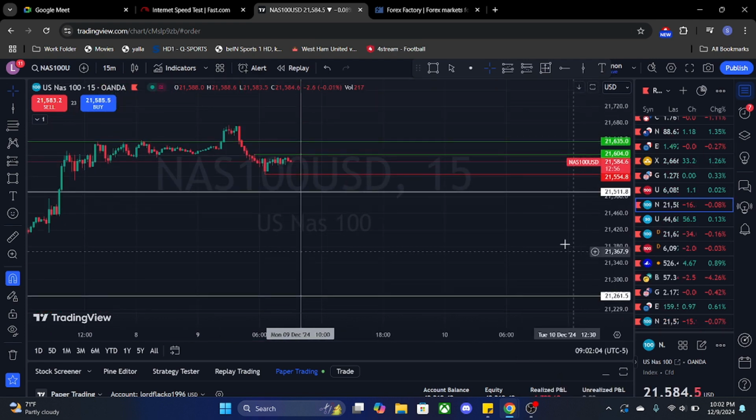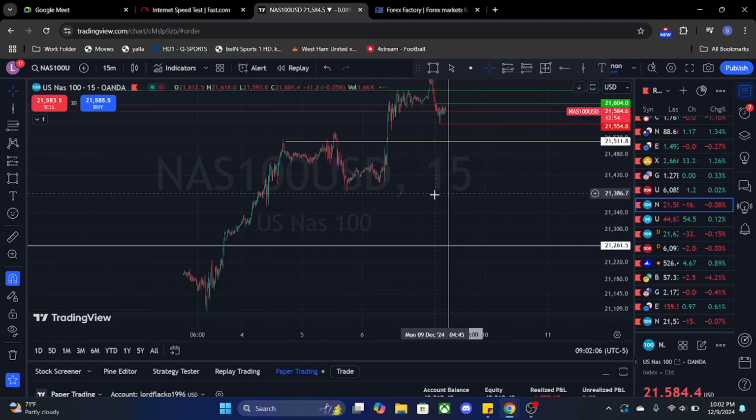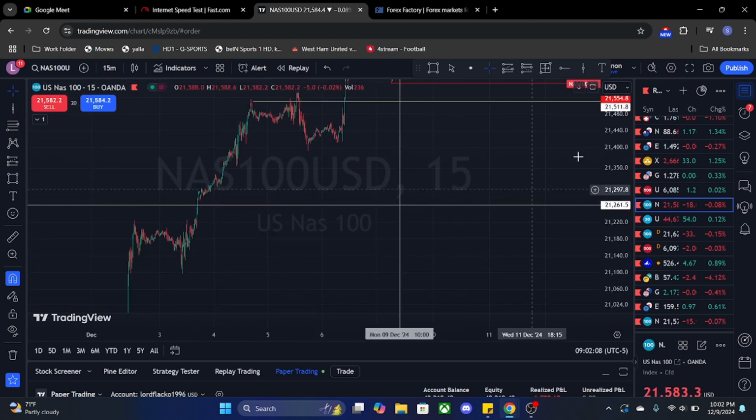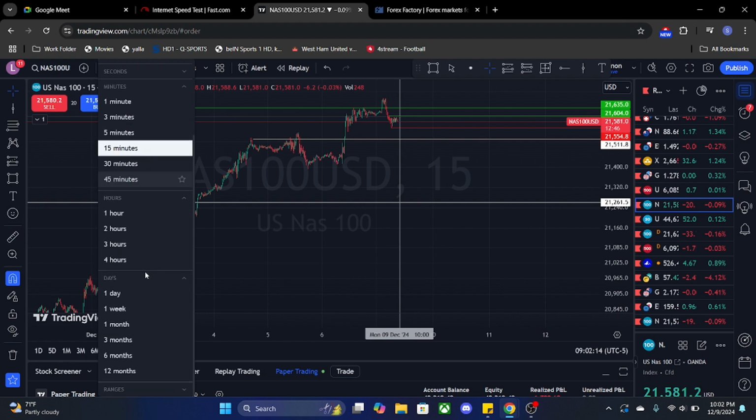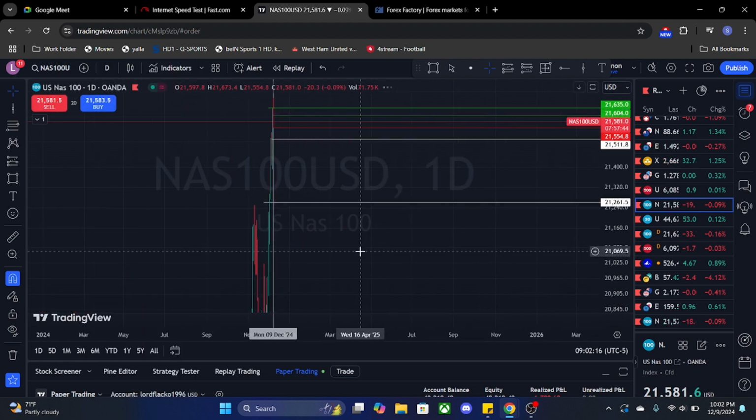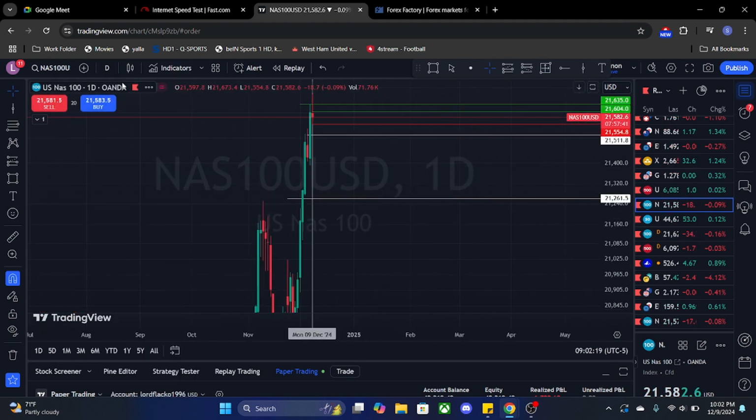But later this week, we can see if we're going to attempt to go around these areas. Because if you remember, this is where there are inefficiencies on a higher time frame, on the weekly.